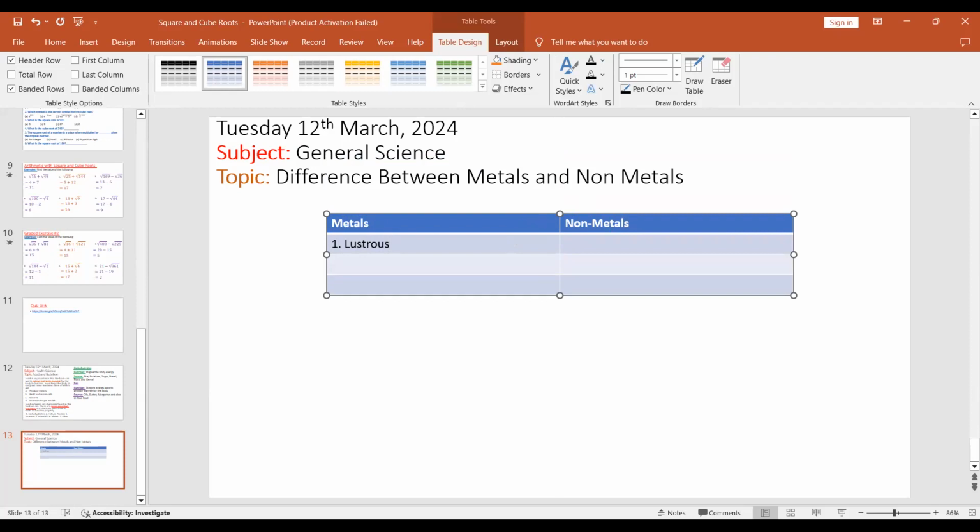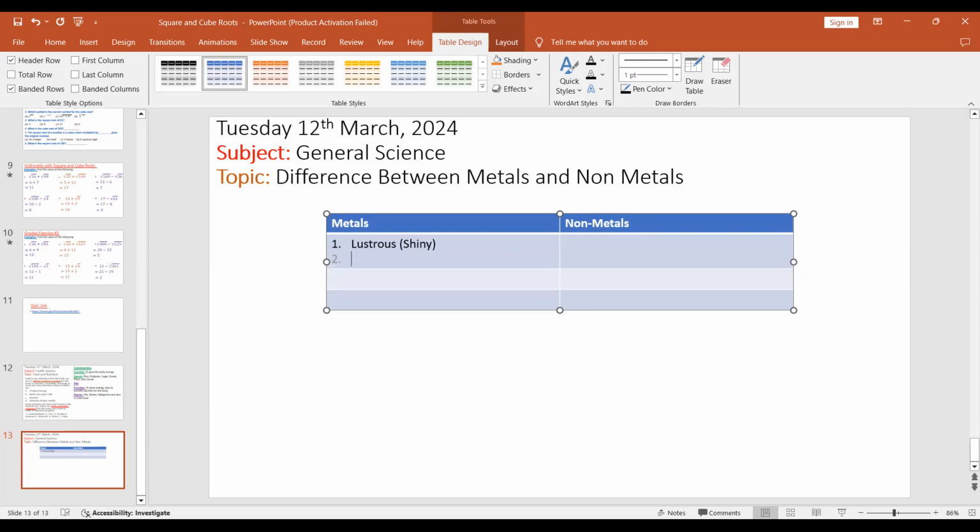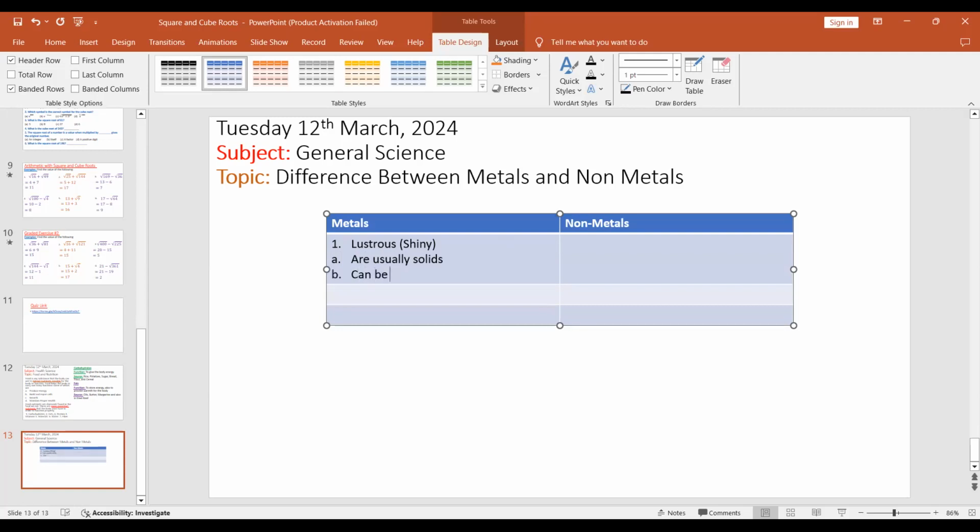So the first one is lustrous. Metals are shiny. They have a luster, right? They are usually solids, and they can be polished. Lustrous is one of the properties of metals. Then for non-metals, we say that they are dull.